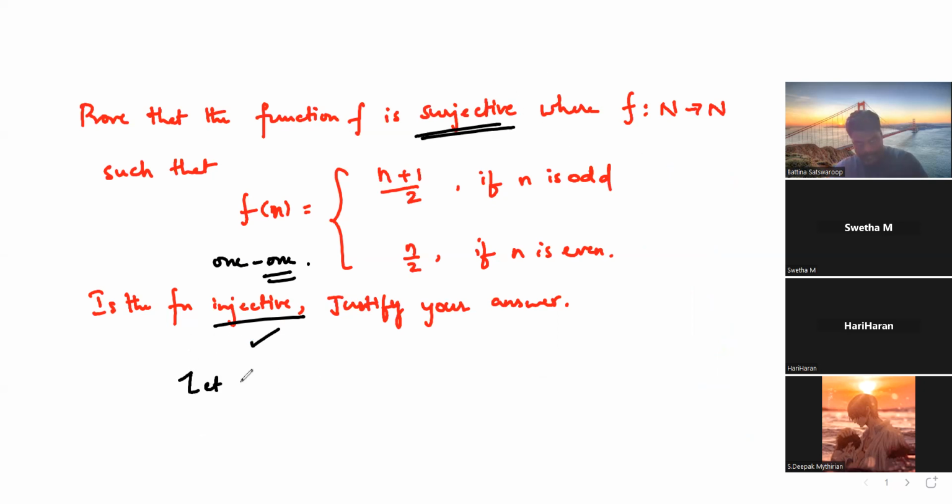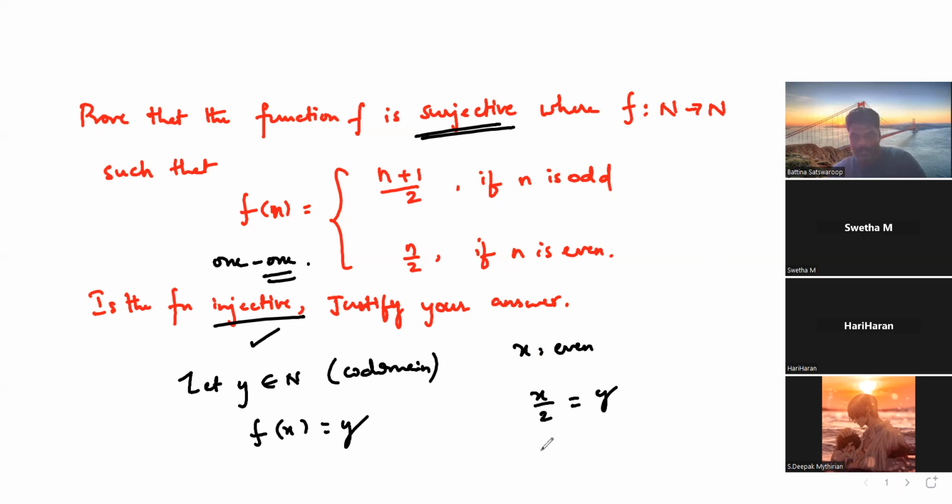So let y belong to N, that is the codomain. That means f of x is equal to y. Correct, amma? Now if x is even, a condition comes: x by 2 will be equal to y, x is equal to 2y. Yes, holding good.